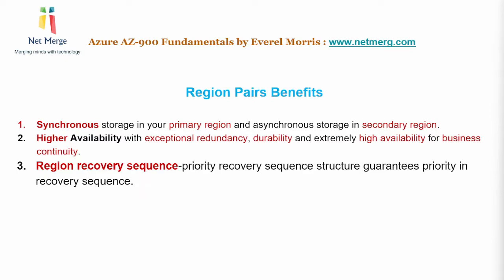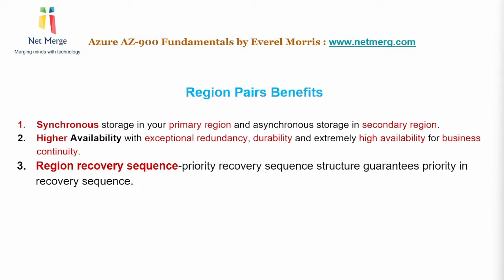So if A and B are paired together and C and D are paired together, they're going to bring up A and then C, in that order. So if you have both, you're going to guarantee that at least one pair in your sequence is going to come up before the other.